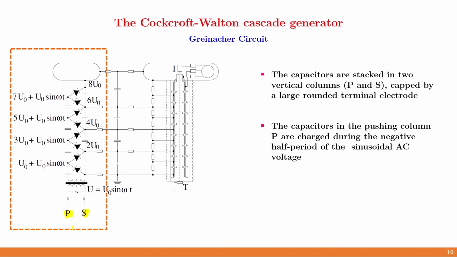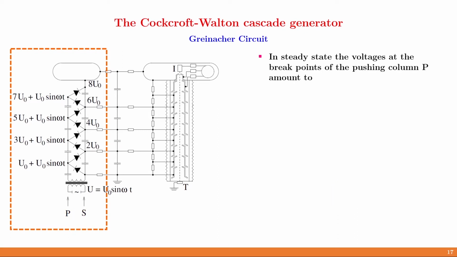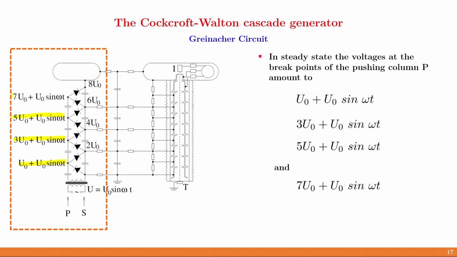The capacitors in the pushing column P are charged during the negative half period of the sinusoidal AC voltage, and the capacitors in the smoothing column S are charged during the positive half period. In steady state, the voltages at the breakpoints of the pushing column P amount to U0 plus U0 sin ωt, 3U0 plus U0 sin ωt, 5U0 plus U0 sin ωt, and 7U0 plus U0 sin ωt.